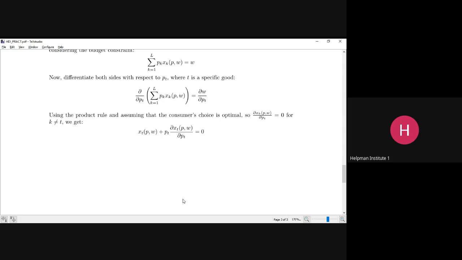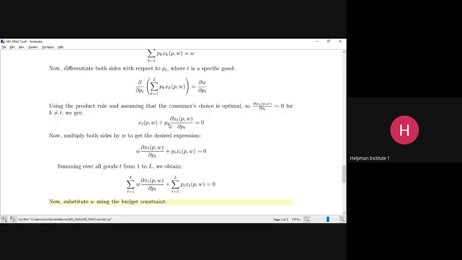So that is equal to 0. Then what I'm going to do next is to apply the summation rule to this equation. When I apply the summation rule, we multiply both sides by weights. Remember, we are looking for the elasticity.